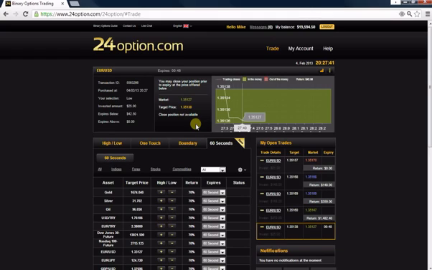Okay, so we're at 15 minutes of trading, and we've already made a few $100s. So it's extremely profitable. And as you can see here from our balance, we've just been hammering away here with 60-second options, and you can really make some amazing profits.